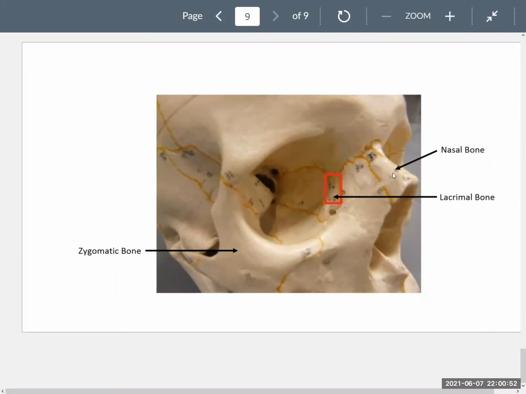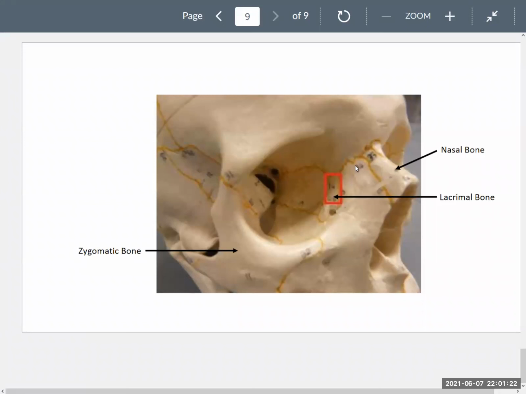Here's our nasal bone. Your glasses, or sunglasses, fit up on top of those. There are two of them. You can only see one here. This is the nasal bone. The bone next to it, going down to here, is the maxilla. It's not labeled. It's not for today.